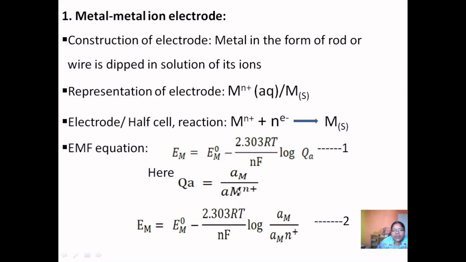So keep this in mind: the numerator is the right hand part of the reaction, and the denominator is the left hand part of the reaction. And if you substitute this Q_a in equation 1, our equation becomes E metal is equal to E0 metal minus 2.303 RT by nF log of activity of metal by activity of ion.